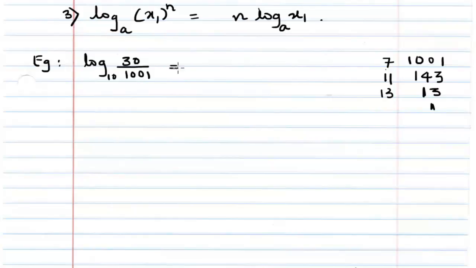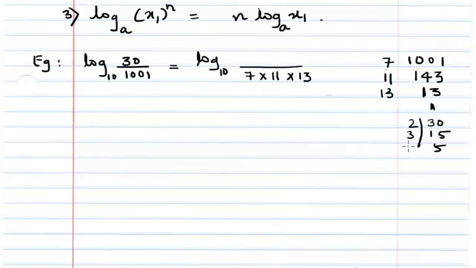So that would be log to the base 10 of 7 into 11 into 13 upon 30. 30 can be factored as 2 into 3 into 5.